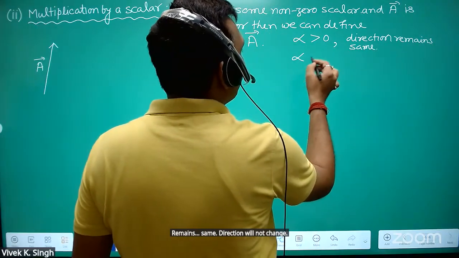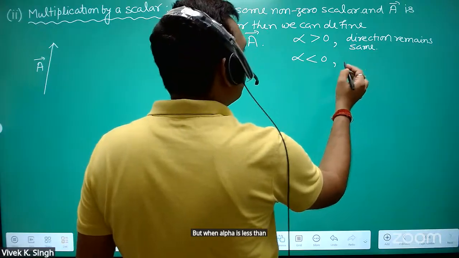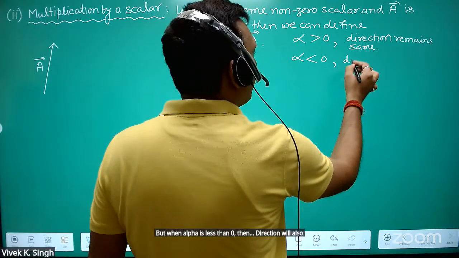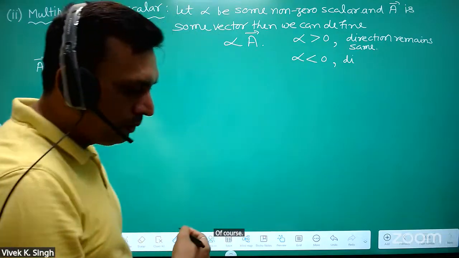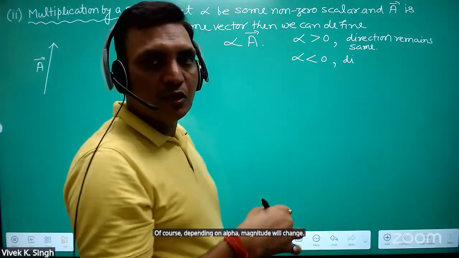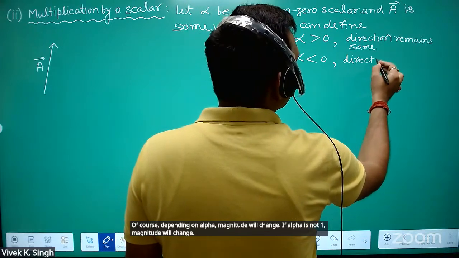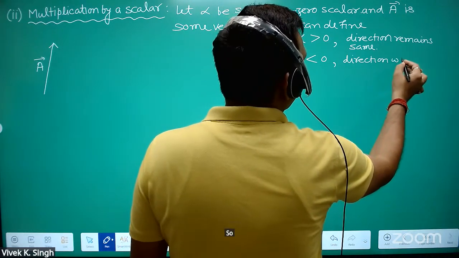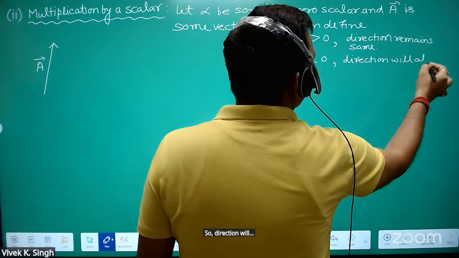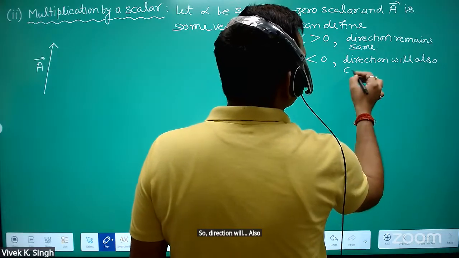But when alpha is less than 0, then the direction will also change. Magnitude, of course, will change depending on alpha, if alpha is not 1.